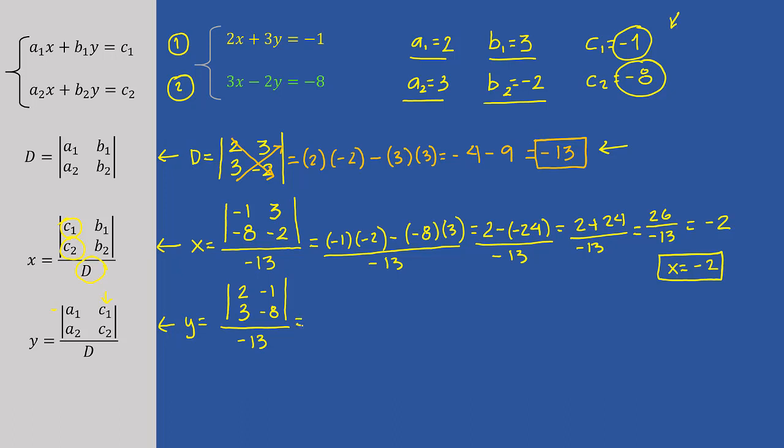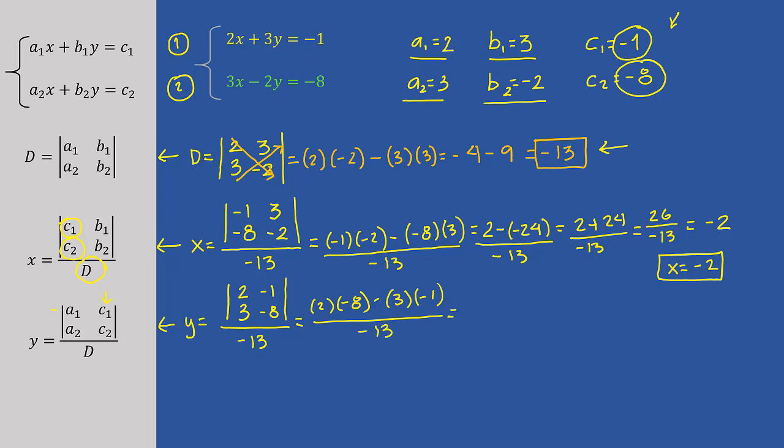Okay, now again, we solve the same way the determinant that we have in the numerator. Main diagonal, 2 times -8, and we will subtract the solution of 3 times -1, which is our secondary diagonal, over minus 13.